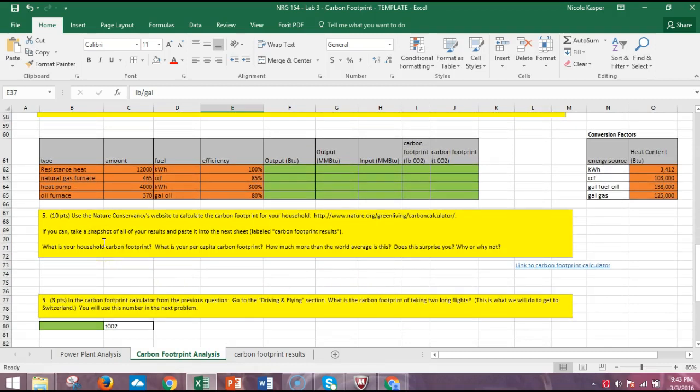And for this one, you're going to go to this website, the Nature Conservancy, and do your own carbon footprint calculation. I'm going to click on that link just to show you what it looks like. It's pretty straightforward, but just in case.